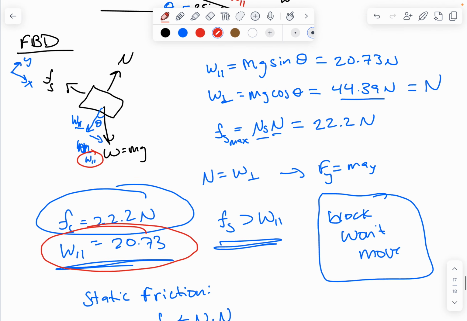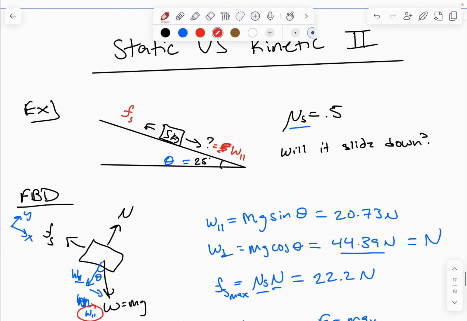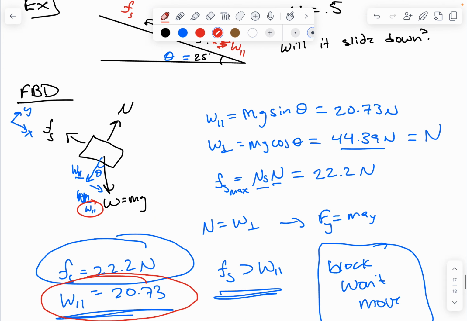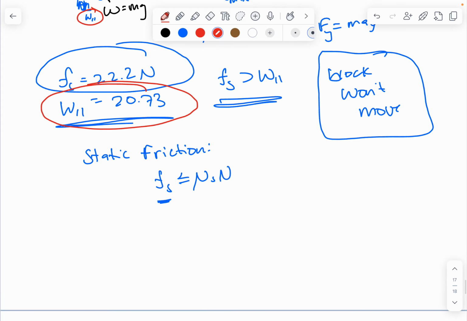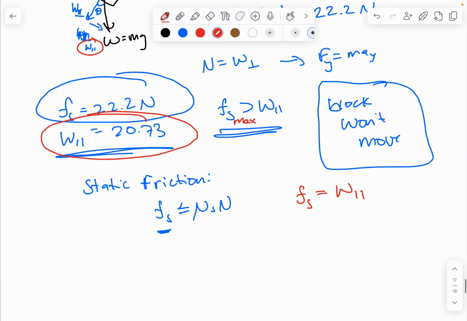It cannot be greater because the block is not sliding up the ramp, right? So to make a note, our actual static friction is equal to our weight parallel. The block is not sliding, so the static friction moving the block up the ramp is the same as the weight pulling it down the ramp.